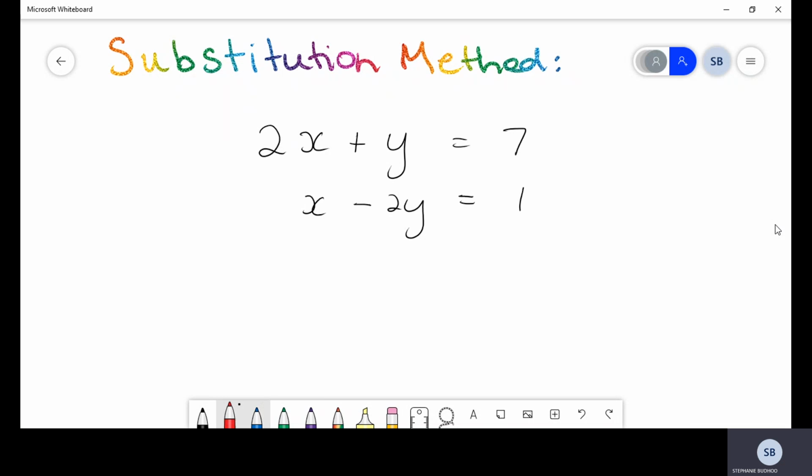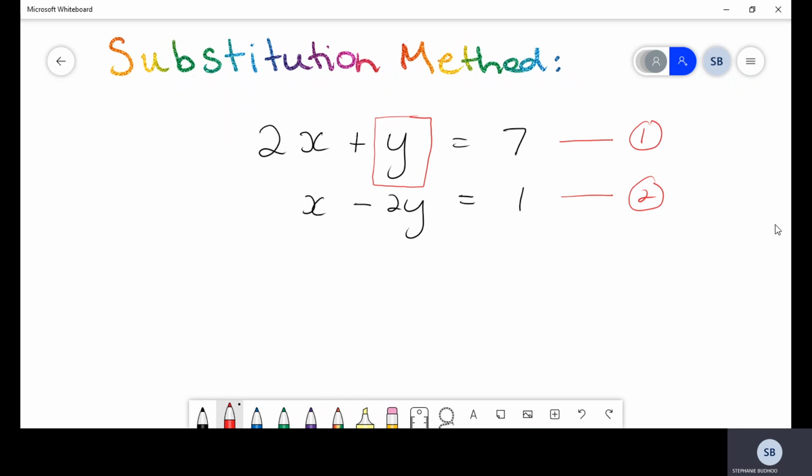So first up, we are going to call this first equation 1 and this second equation 2. Essentially, substituting involves choosing a variable and substituting its value into the other equation. If I observe the first equation, 2x plus y, y here is standing by itself.